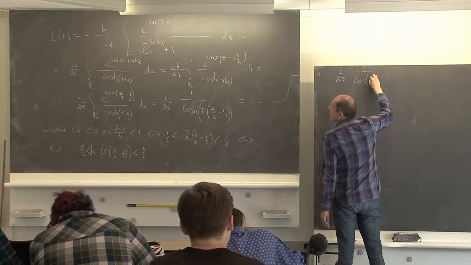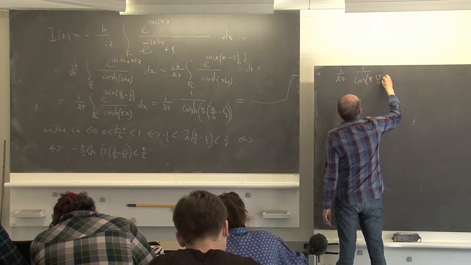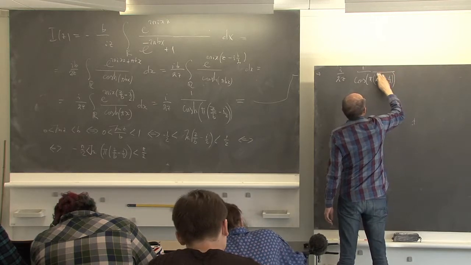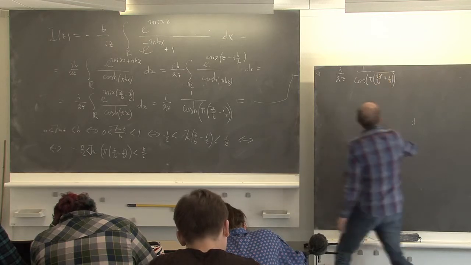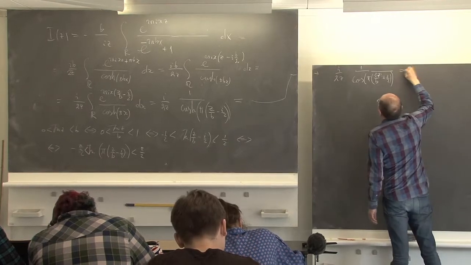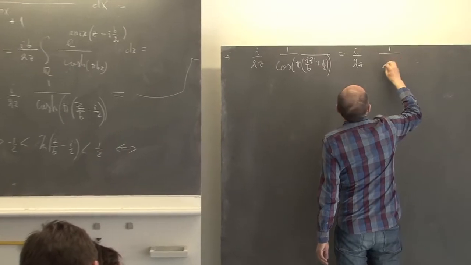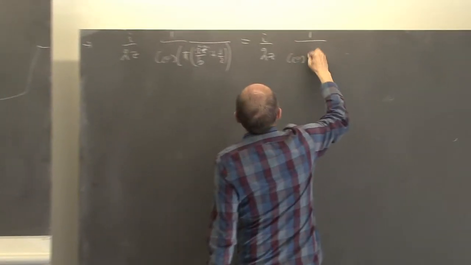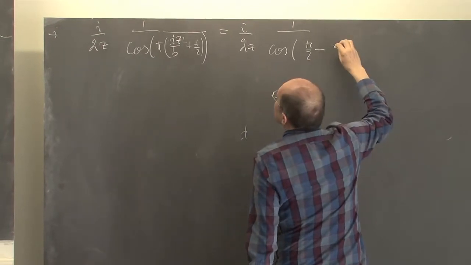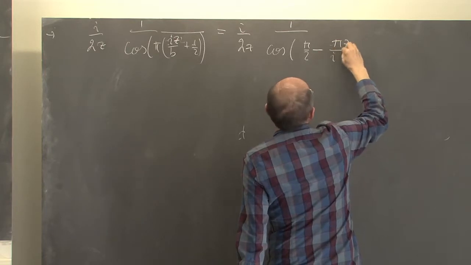Cos of pi i z over b plus 1/2. For example, I multiplied by i. I over 2z. And then I write it like this. Cos of pi over 2 minus pi z over ib.